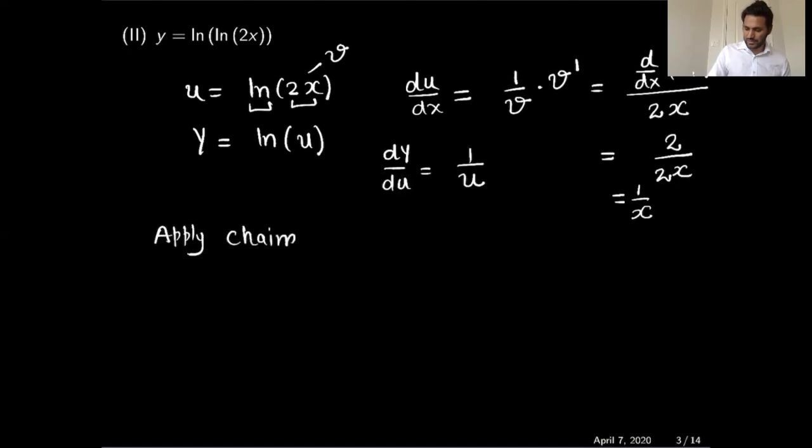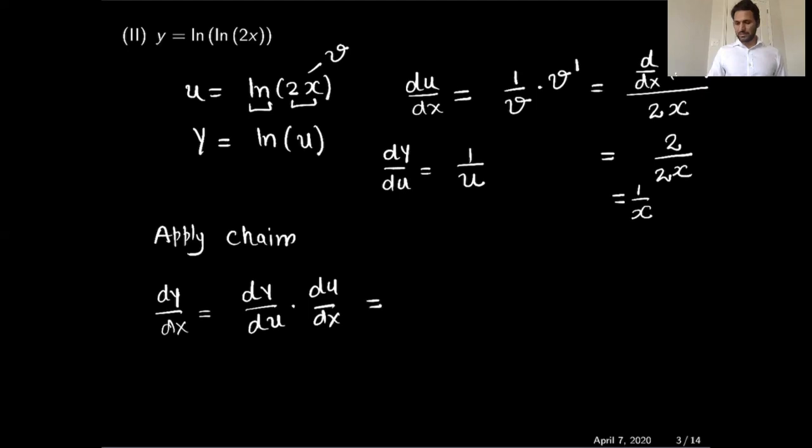The chain rule says the derivative of the function y with respect to x is dy with respect to u times du with respect to x.